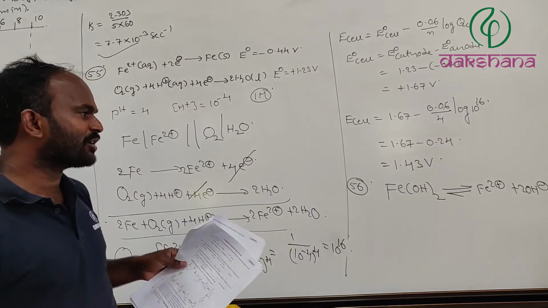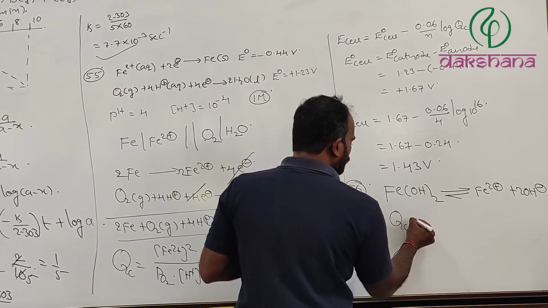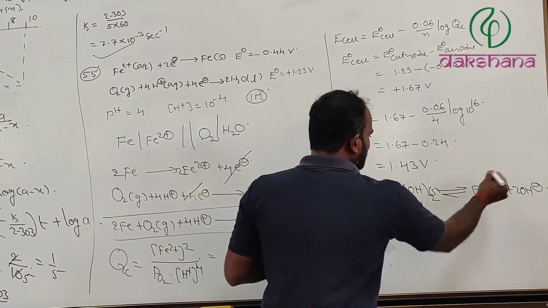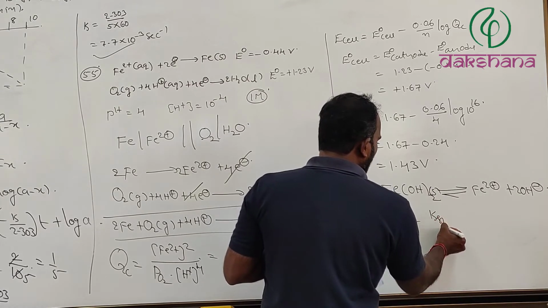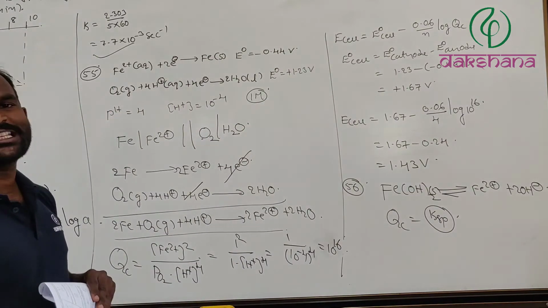Fe2 plus 2OH minus. So for this kind of reaction, here now QC is equal to, this is solid and these are in aqueous phase. Now the QC value will come out as equal to the Ksp value.